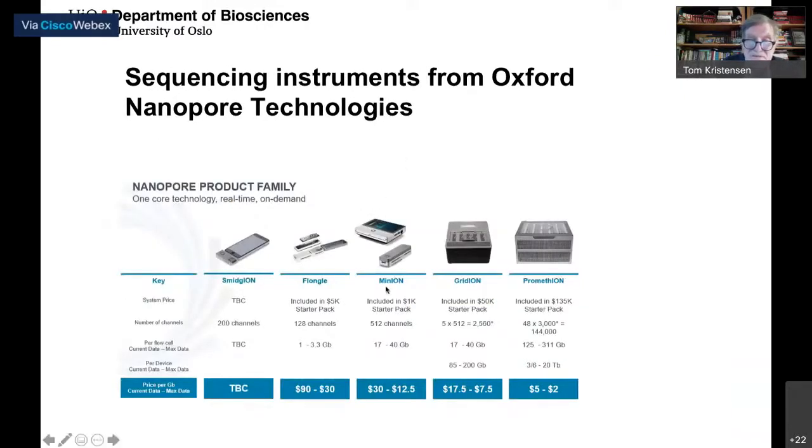In real life, of course, that would be difficult to achieve, but you can at least, as I said, obtain read lengths which are a couple of orders of magnitude larger than the read length you get from a Parkview instrument.